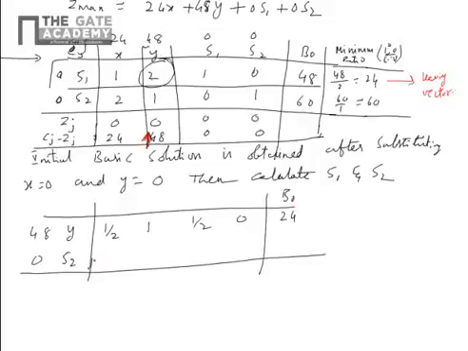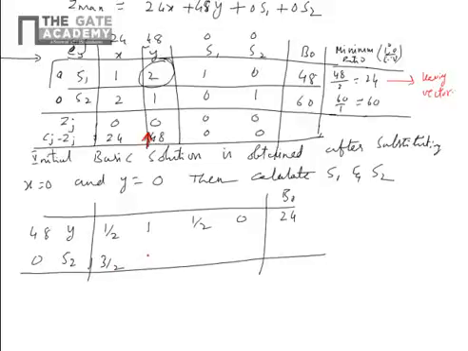Next, to get the values of row s2, we multiply by the pivot value. Whatever value already exists in the earlier place, 2 minus the corresponding value in the leaving vector, 1 into 1 by 2. So 2 minus 1 into 1 by 2 is nothing but 3 by 2.